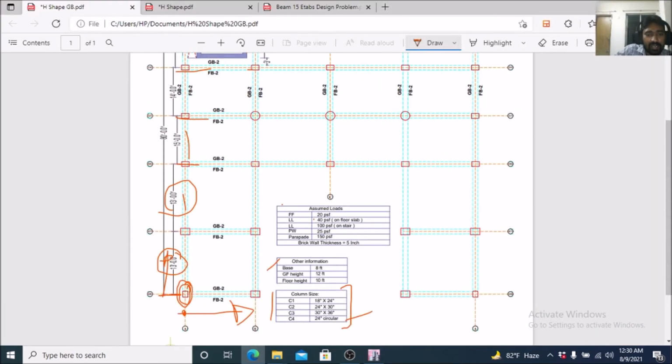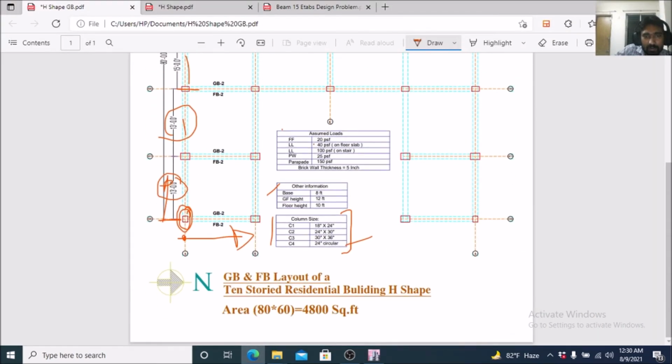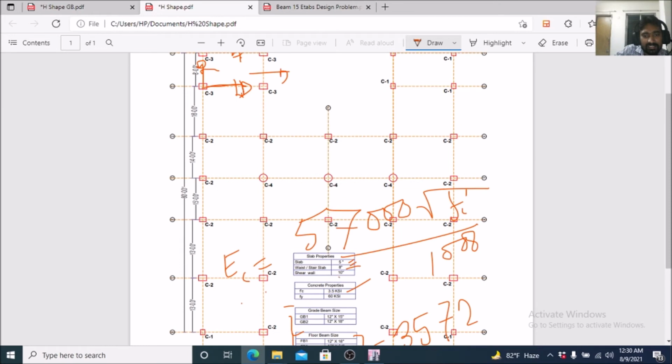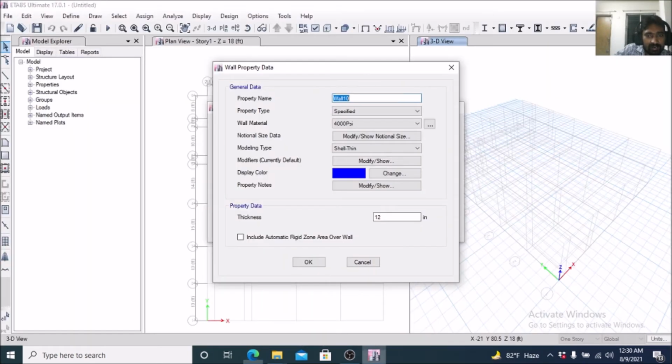If we return to our plan, the brick wall thickness is 5 inch and the shear wall is 10 inch. So for this reason we have to set the property name wall 10, that is shear wall 10, and the wall material should be concrete. And here the question is, will it be shell or membrane?